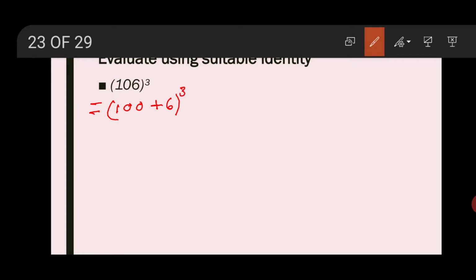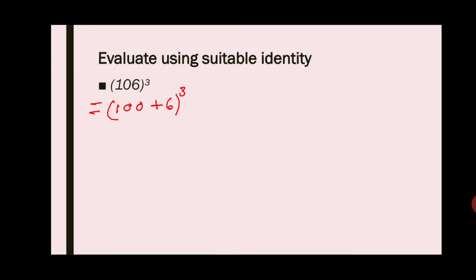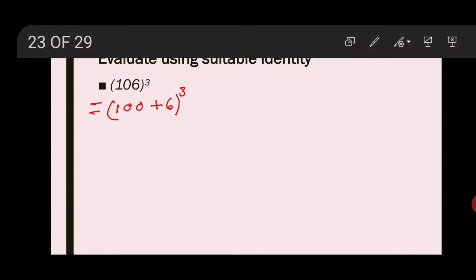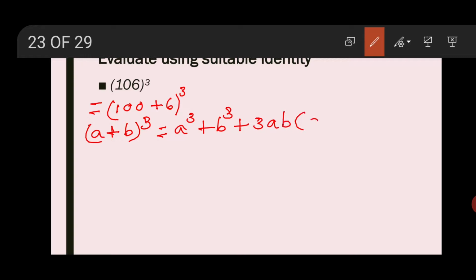Now this resembles which algebraic identity? Yes, you are right. (x + y) whole cube or (a + b) whole cube. This is in the form of (a + b) whole cube. Expand this: a cube plus b cube plus 3ab into (a + b).